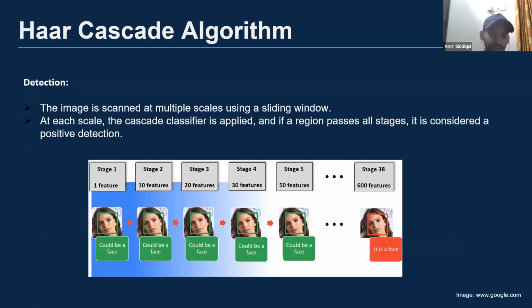And so this is the sample photo. Here you will see that there are different stages in the Haar cascade algorithm, and it will start from the first one. When it has only one feature, it will say, yeah, this could be a face. It is not sure because now it has only one feature.